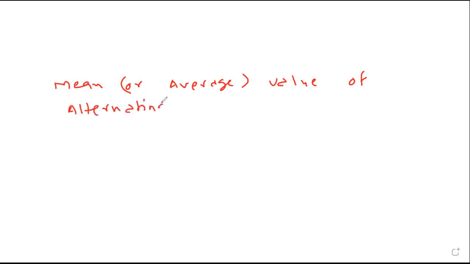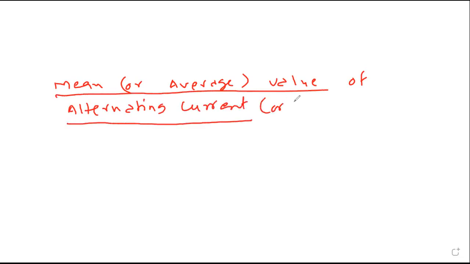Mean or average value of alternating current or voltage.